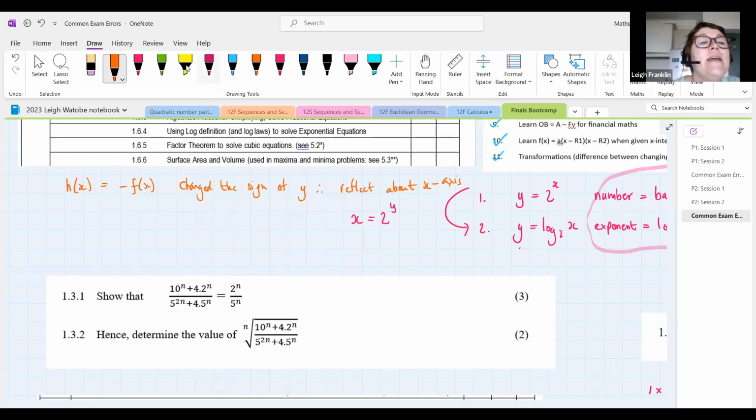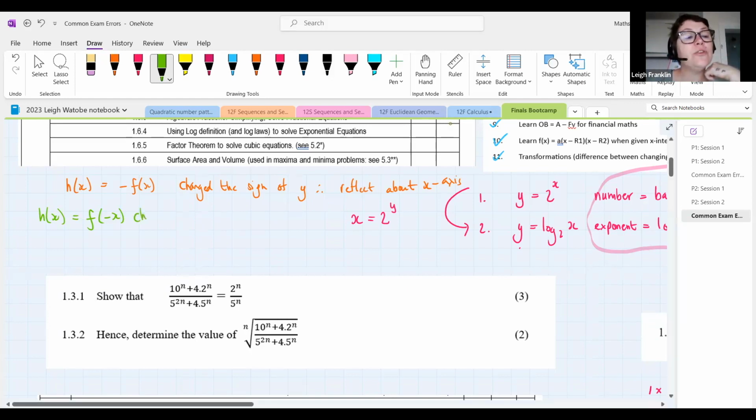If I say in a different example that h of x is equal to f of negative x, then have I changed the sign of y? No, I've changed the sign of x. Okay, so I have changed the sign of x.